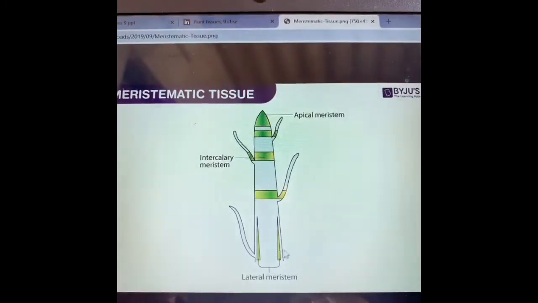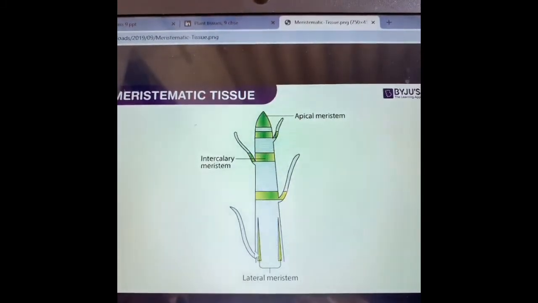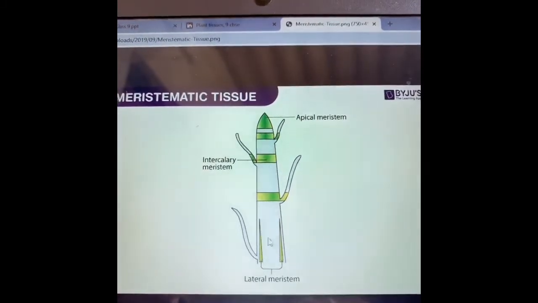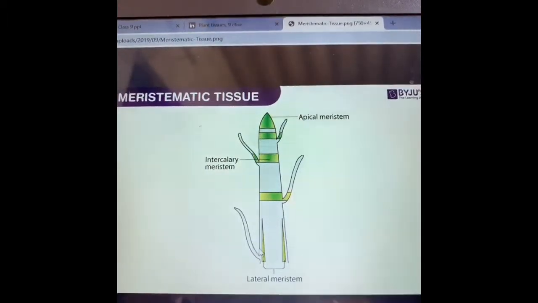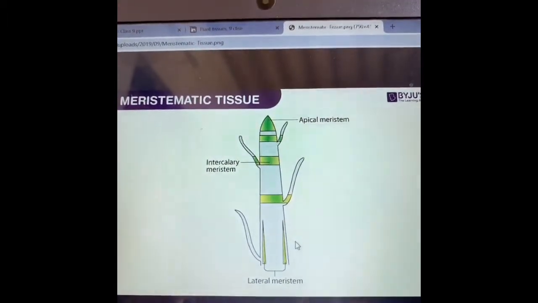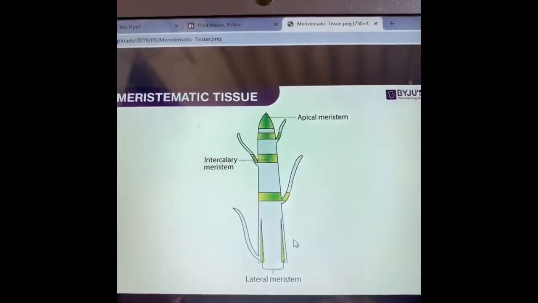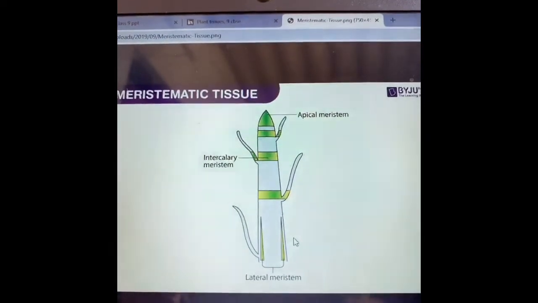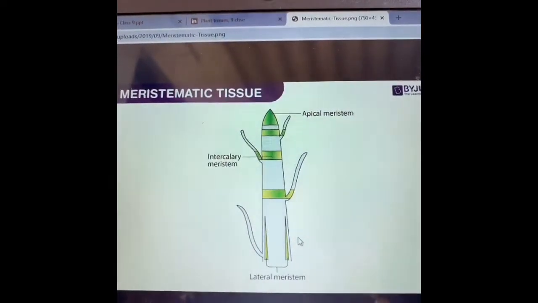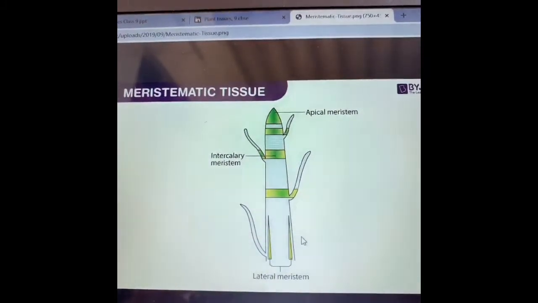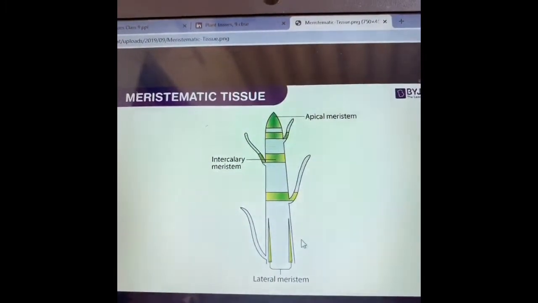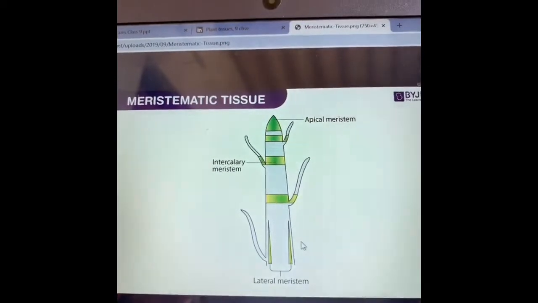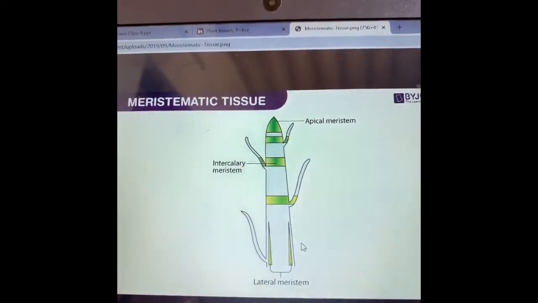So the lateral meristem will help you increase the girth or diameter of the stem or the root. And there is one more type of meristem which is known as the cork cambium, which, if you have seen the trunks of the trees, they are so huge, they help in increasing the size of the trunk of the trees. You don't have to study about that.